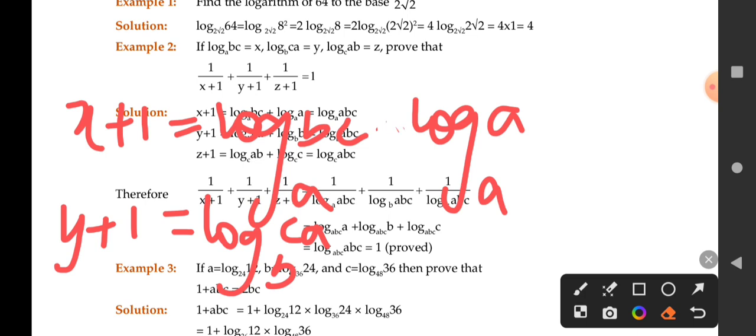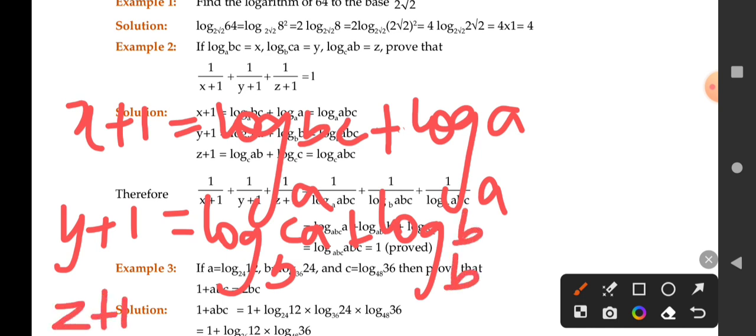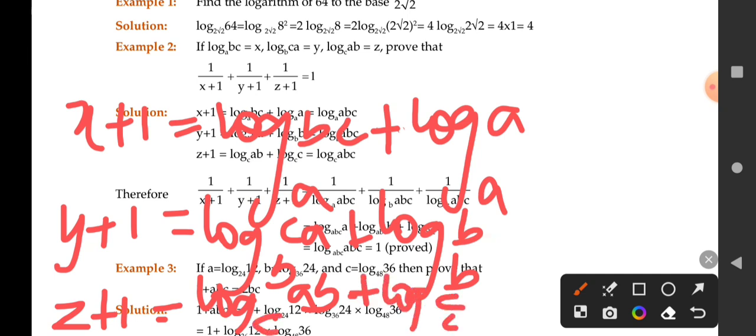adding log B to the base B, and z plus 1 becomes log of AB to the base C plus log of C to the base C. Right?